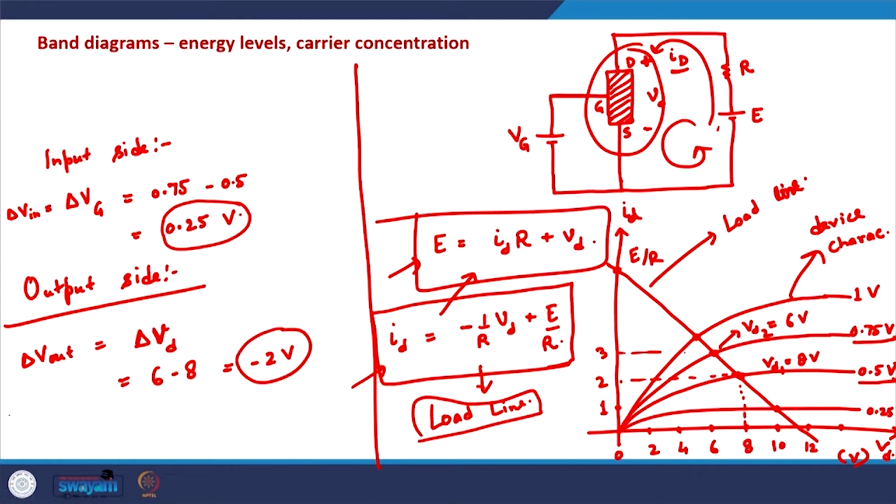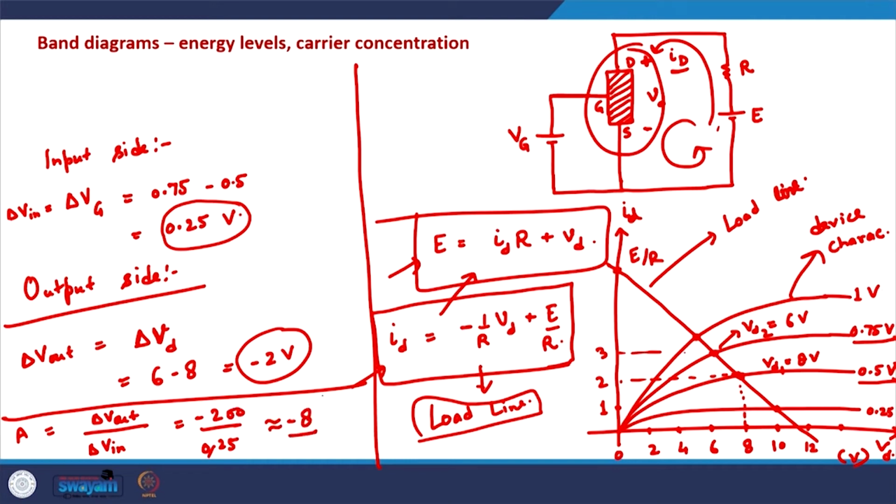So which means that the gain or the amplification is minus 2 divided by 0.25, so it is around minus 8. So the change in the output voltage is 8 times as compared to the change on the input voltage.